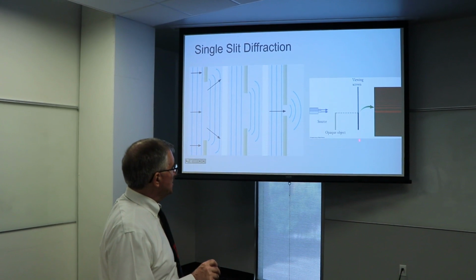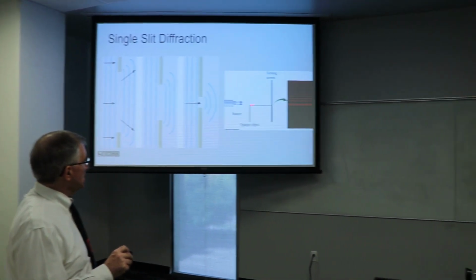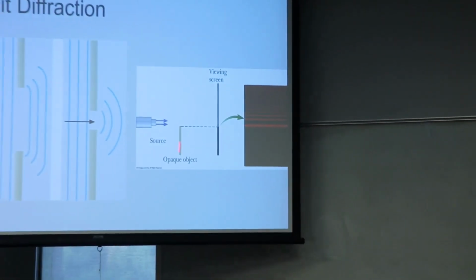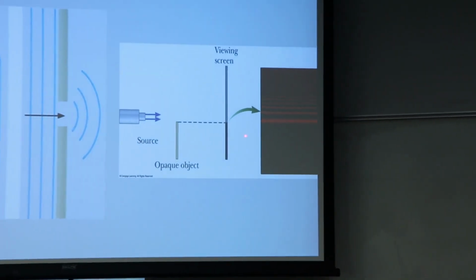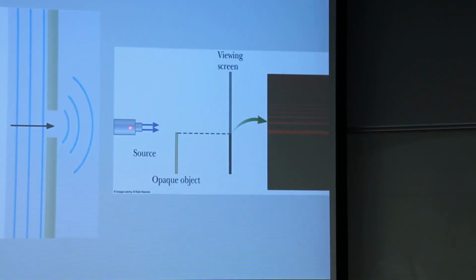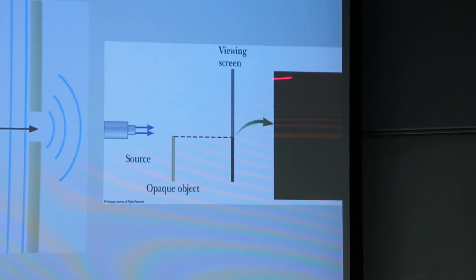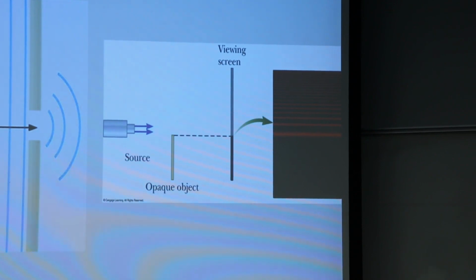All right, now this picture right over here is light that's passing over the edge of a dark opaque object. That means light's not going through it. And when light goes over that edge, it'll actually bend and then create an interference pattern that looks like that, which is insane.